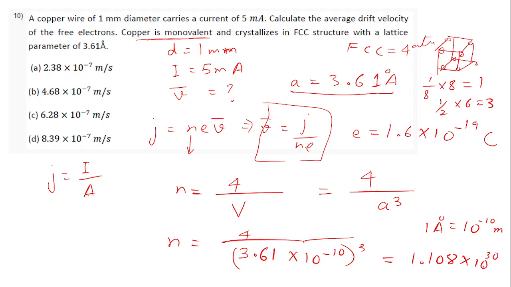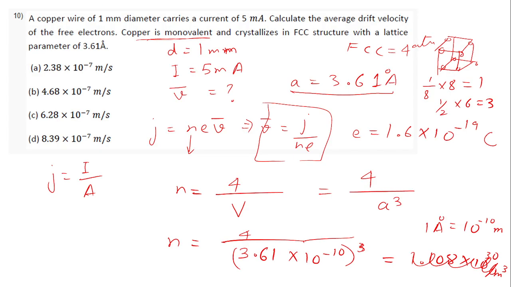This is the number of electrons per unit volume, 10 to the power 30 per meter cube. Oh sorry, I made a mistake. This is cube, I missed doing this. Let me calculate this again. This n is 4 by volume, so let me calculate the cube first.